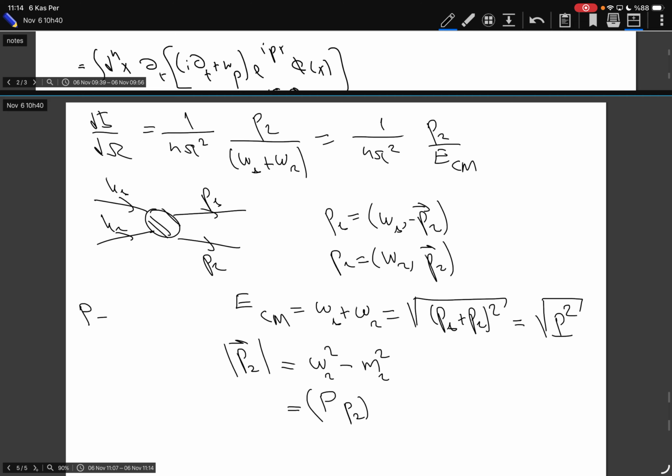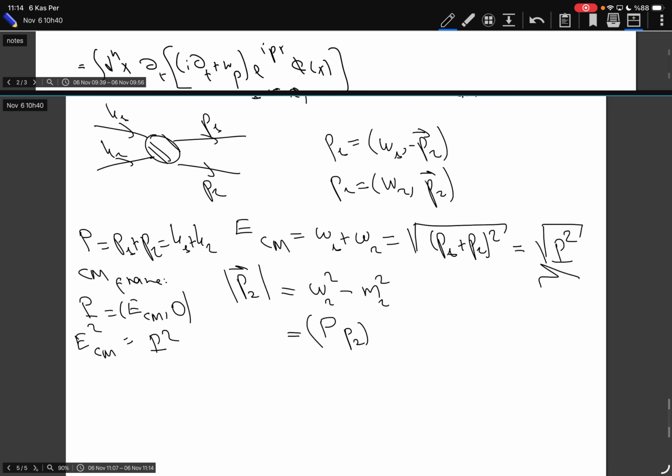Capital P is P1 plus P2 or K1 plus K2. In the center of mass frame, capital P is just E center of mass and 0. So E center of mass squared is P squared, that is what I used over here.